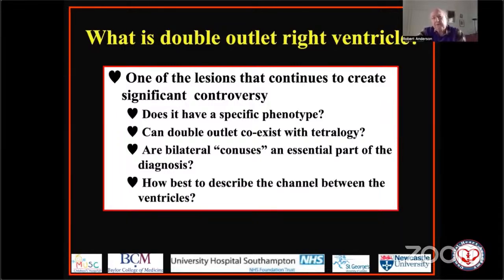But most importantly, we're going to be looking again at the channel between the ventricles. We're going to discuss the definition of that entity. And today we're going to look specifically how we can use that entity to provide us with a pragmatic definition for double outlet right ventricle itself.